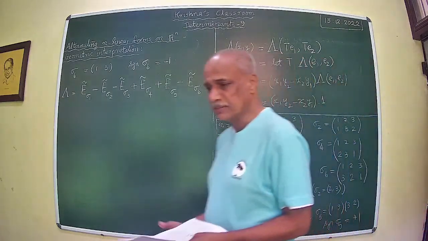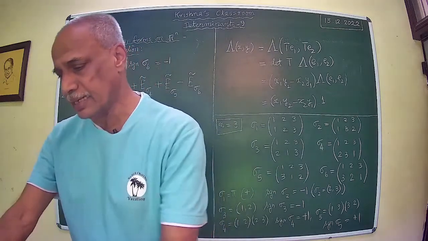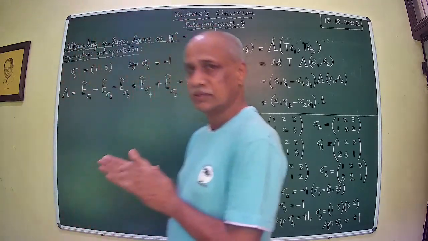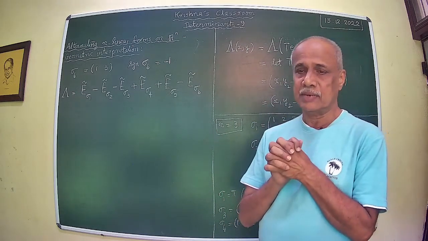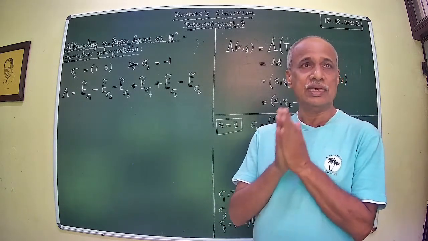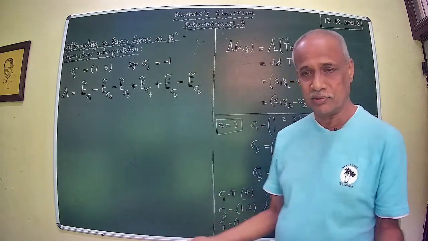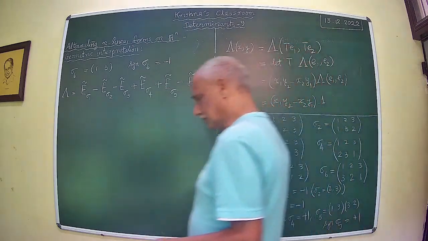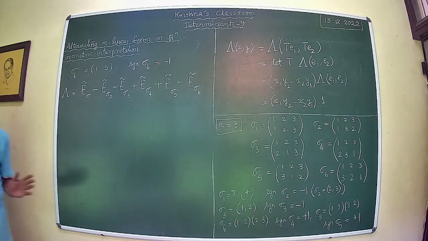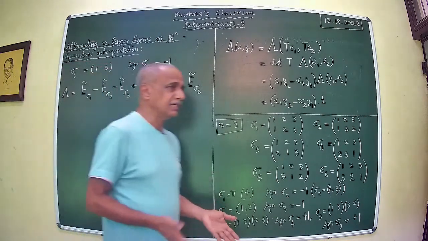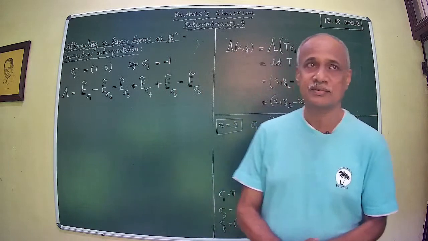You see, if you take the class of permutations of n symbols, it can be classified into even permutations and odd permutations, depending on the number of factors that appear in their representations as a product of transpositions.